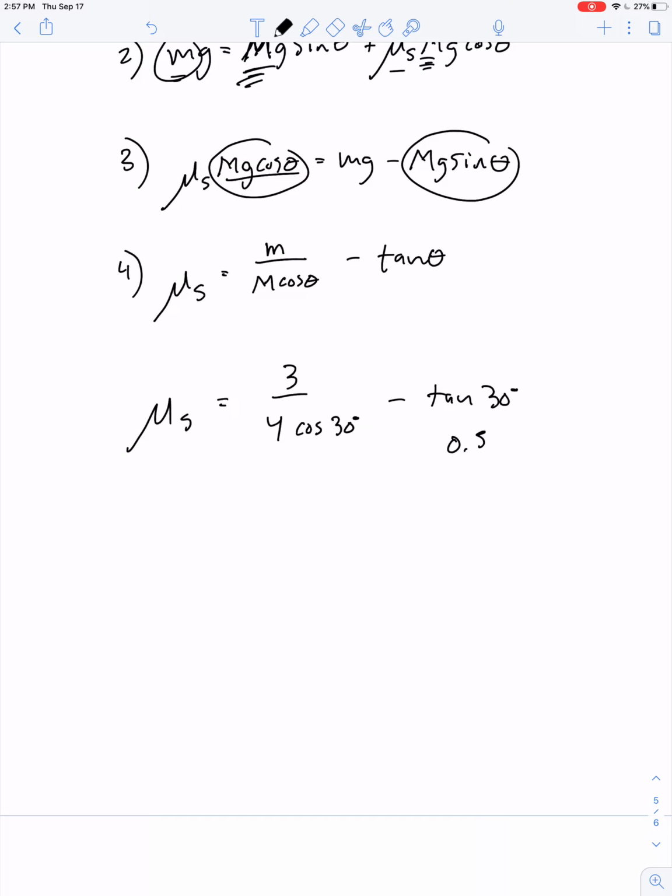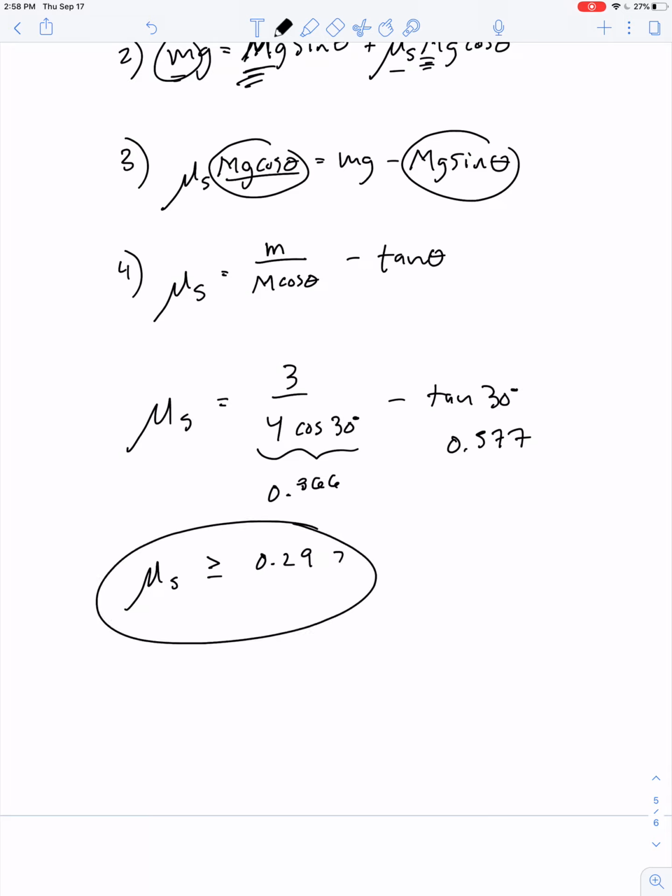Tangent of 30 is 0.577. And this part of the solution comes out to 0.866. And so our final answer says the coefficient of static friction has to be greater than or equal to 0.29.